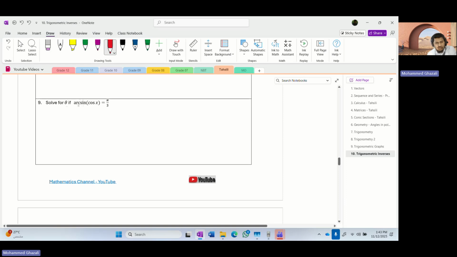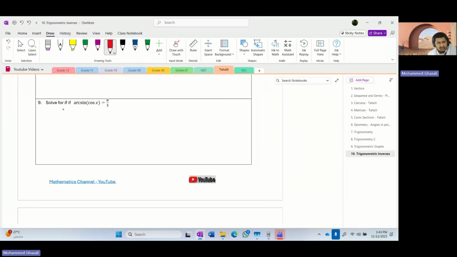Solve for x if arc sine of cos x is equal to pi by 3. So what we're finding is sine inverse cos x equals pi by 3. Because it's sine inverse, we can sine both sides. If you sine both sides, it becomes cos x equals sine of pi by 3.